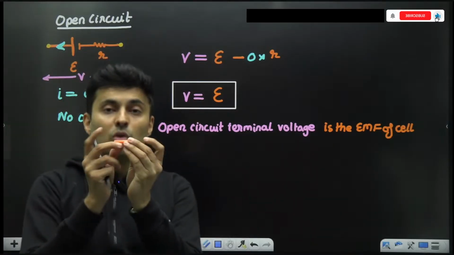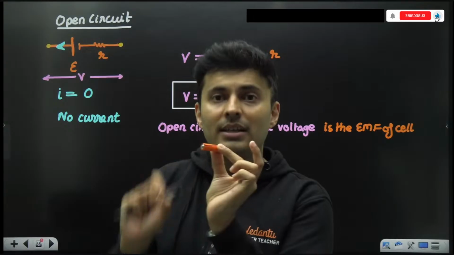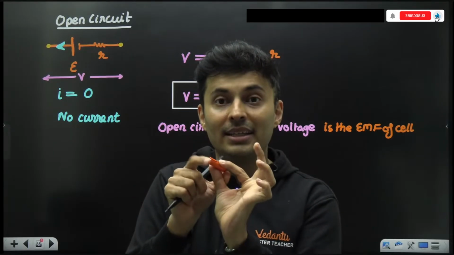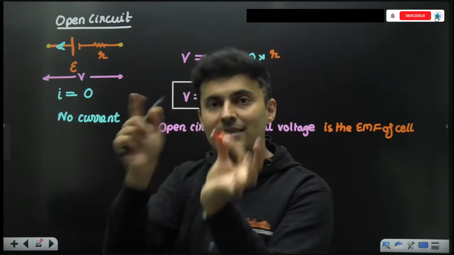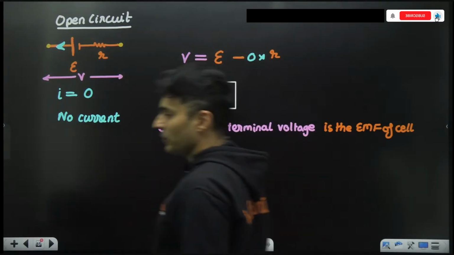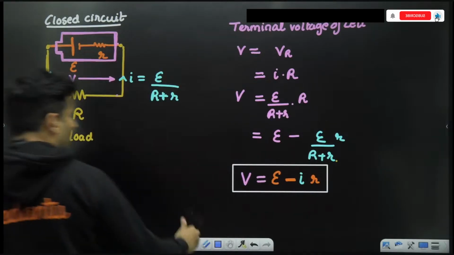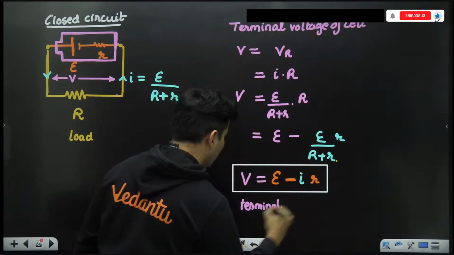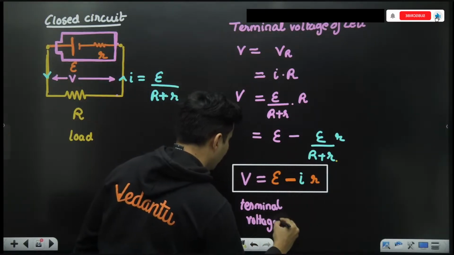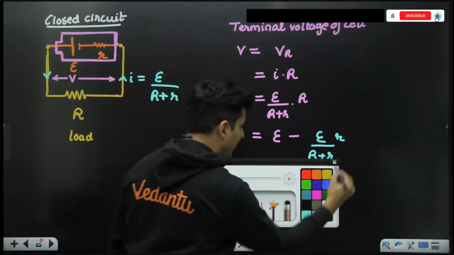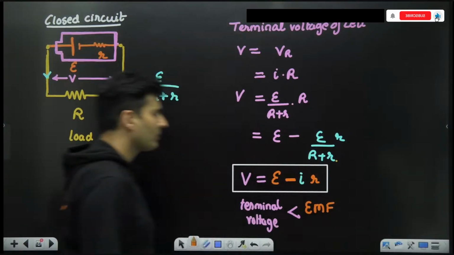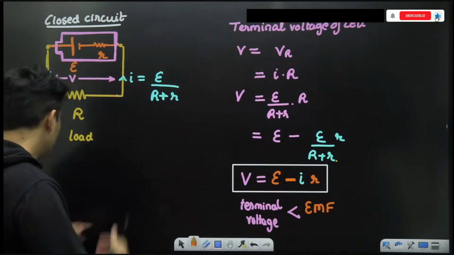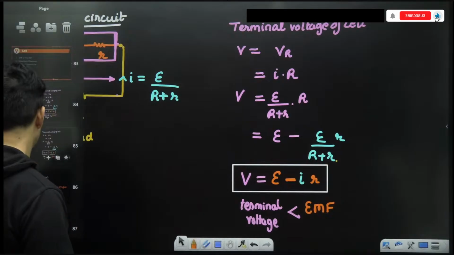That means if there was no current flowing and you measure it using a voltmeter, which is very near to impossible, but if you happen to do that, then whatever voltage you get is exactly the EMF because current is zero. But otherwise, the terminal voltage of a cell is always going to be lesser than the EMF of that cell. Clear?